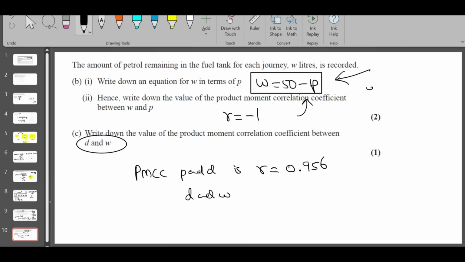If the coding is W is equal to P plus 50, let's say, so here also the PMCC will be the same, or P plus any number, or P minus any number. But the moment you multiply this P by -1, that will affect the PMCC. Now the PMCC will be -0.956. The same PMCC, but you need to put it as a negative sign. That's all.